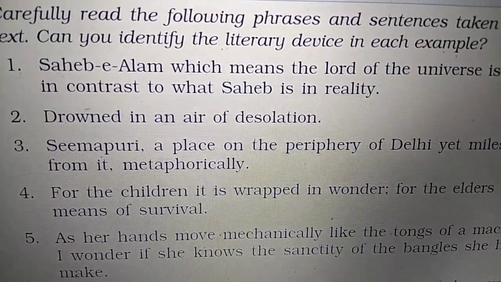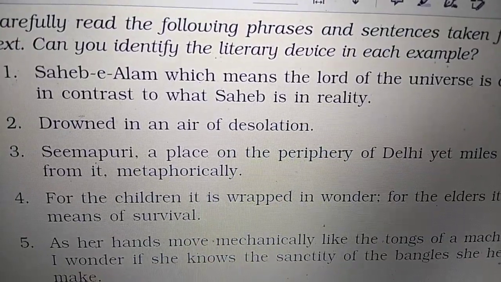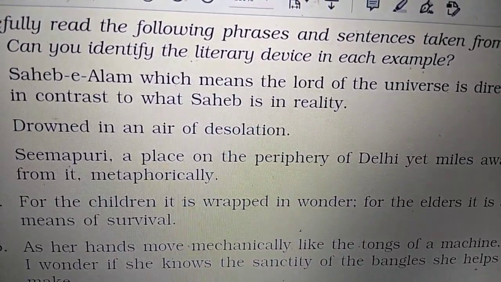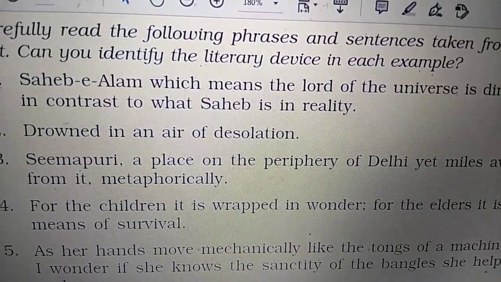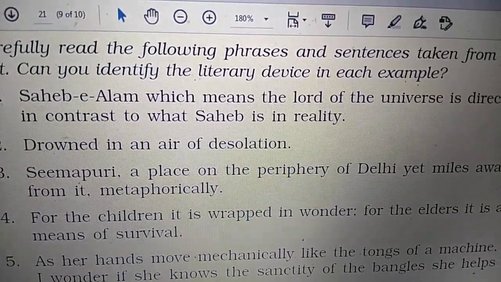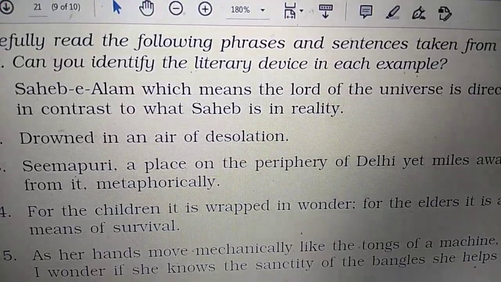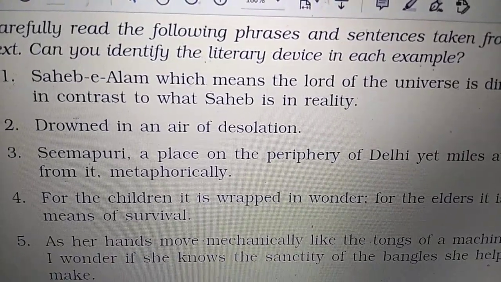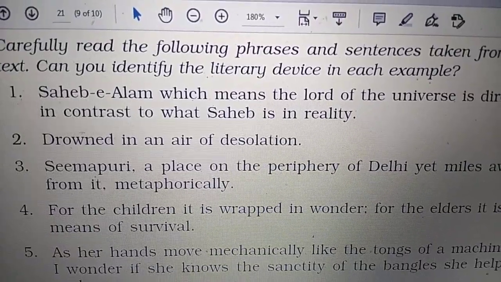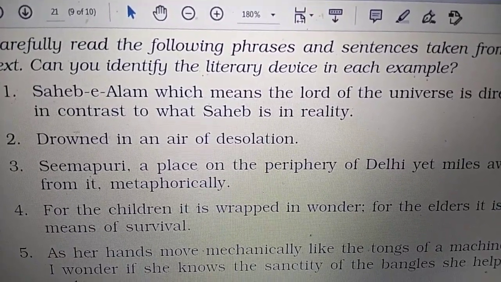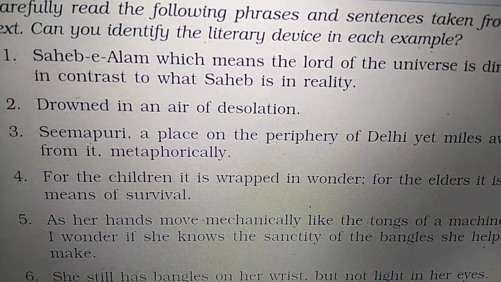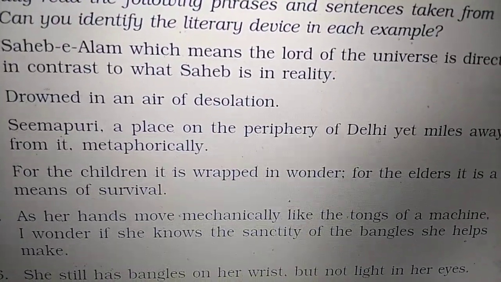Okay. Third one, "Seemapuri, a place on the periphery of Delhi, yet miles away from it, metaphorically." Here, she has used the literary device antithesis. Now, children, what is an antithesis? It is a literary device when two opposites are used together for contrasting effect, and here two opposites are Seemapuri and Delhi.